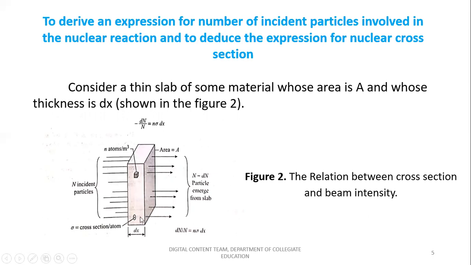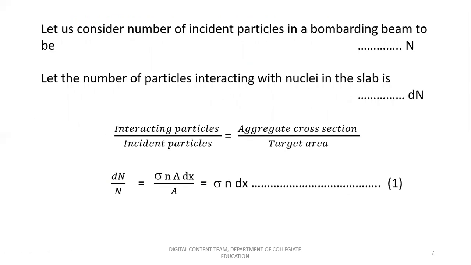Let the number of particles interacting with the nuclei in the slab be dn. So the number of particles which interact with the nuclei in the slab is a small value dn, so that we can write the ratio of interacting particles to incident particles as equal to the aggregate cross section divided by the target area.